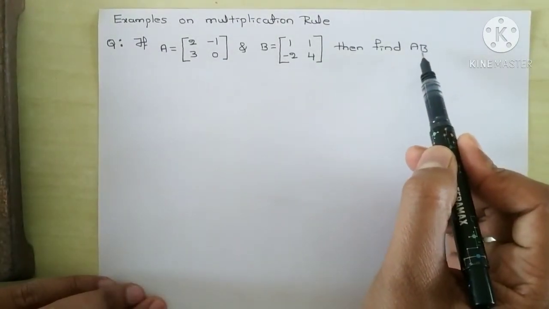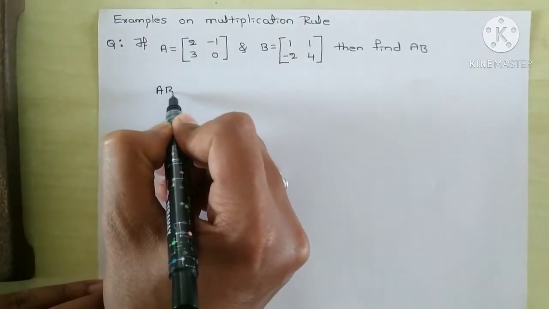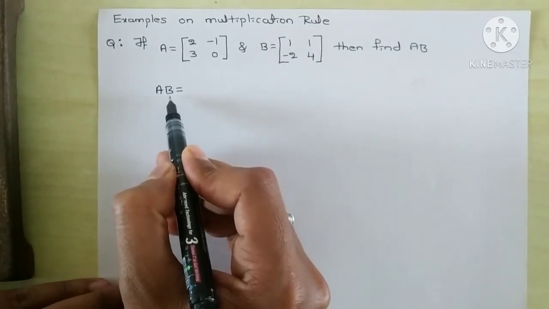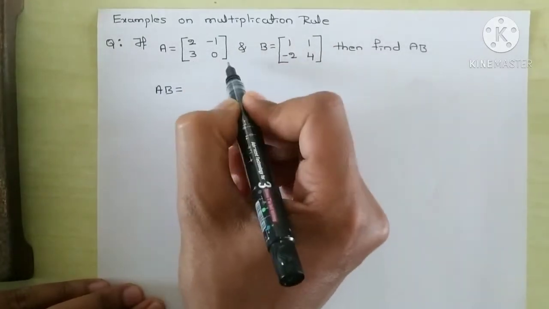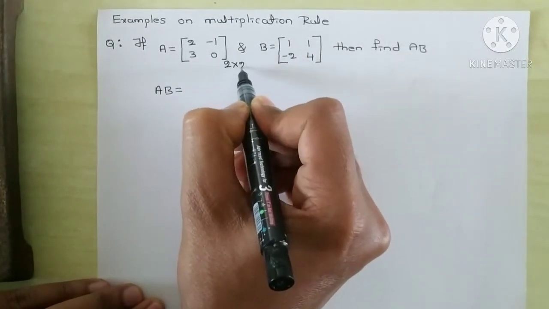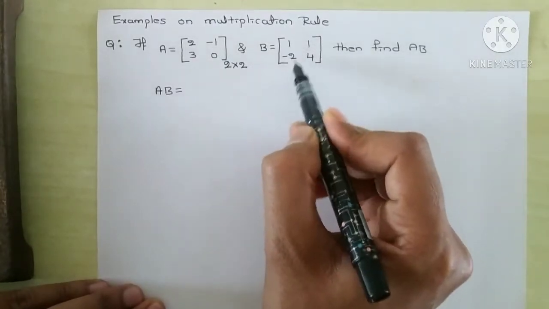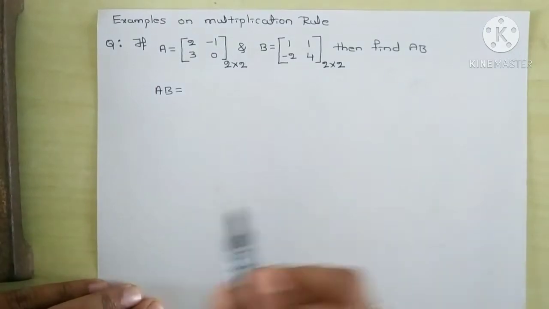Whenever you are finding A into B, the first step is to check. A is the first matrix and B is the second matrix. The first matrix has 2 rows and 2 columns, so its order is 2 cross 2. The second matrix also has 2 rows and 2 columns, so its order is again 2 cross 2. So what to check here?